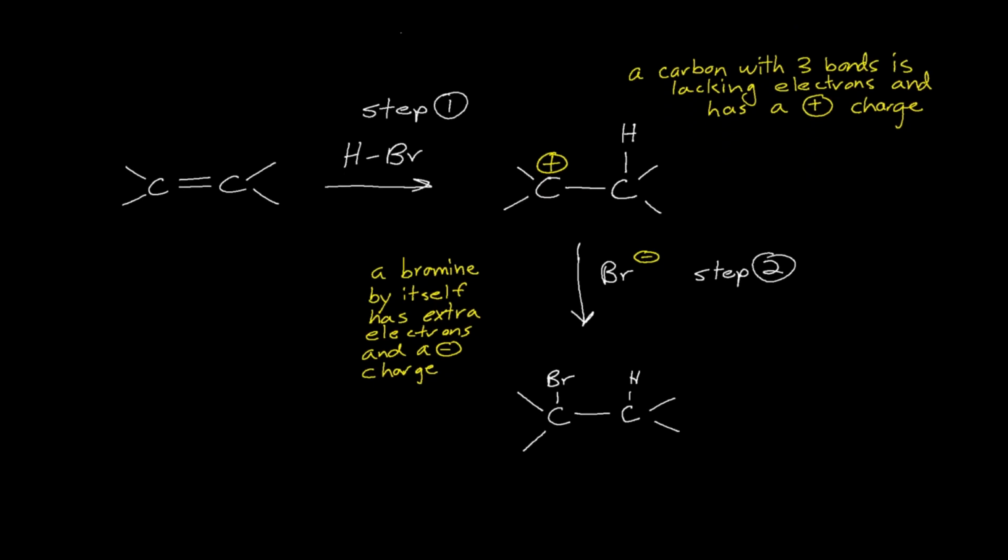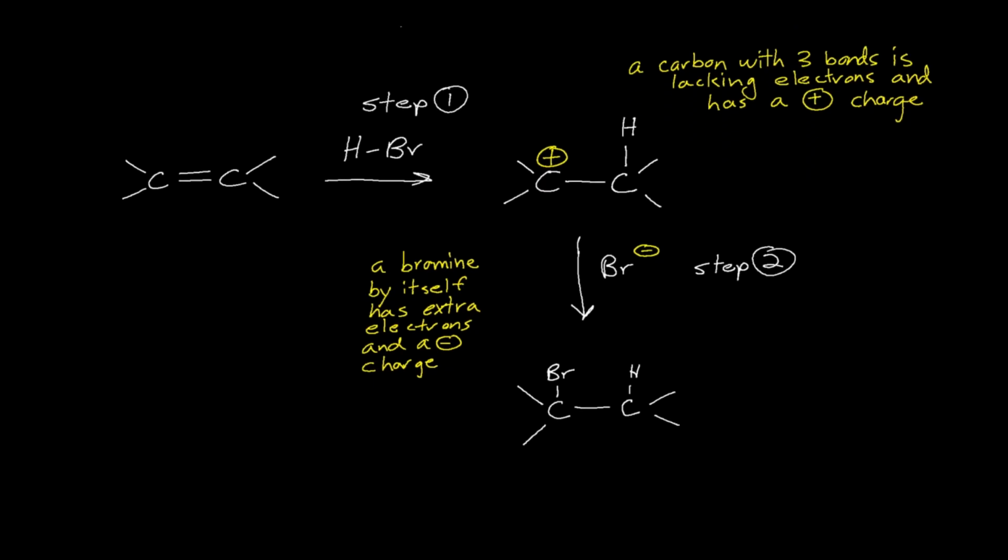We can break down the steps in the reaction I just showed above in this way, in a two-step sequence. So I said electrons move in a sequence of events. The two electrons of the double bond in this alkene will form a bond. This bond will break. That bond breaks, forms a new bond to that hydrogen.